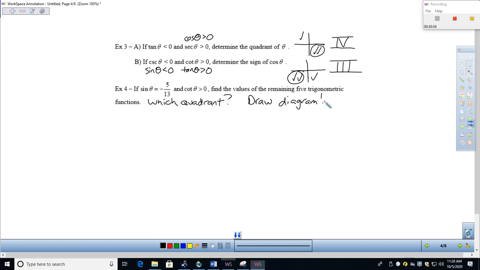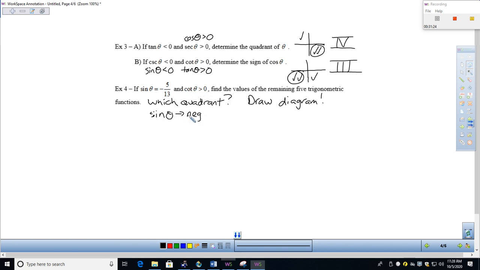Okay, so now let's go with our information. Sine of theta is equal to negative 5/13. Well, forget the 5/13 part for just a second. What I know is that the sine of theta is negative. Okay, and the cotangent of theta is positive.